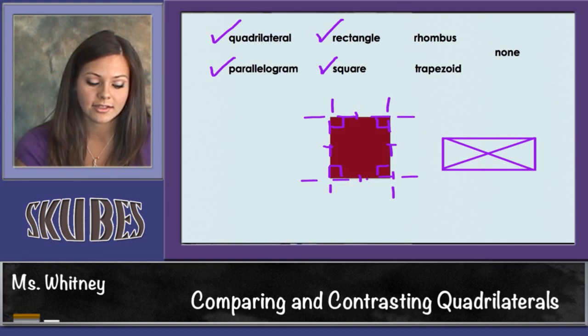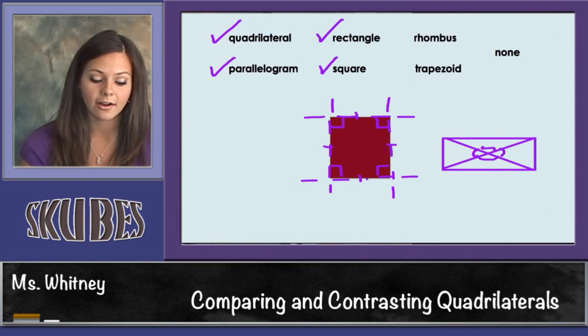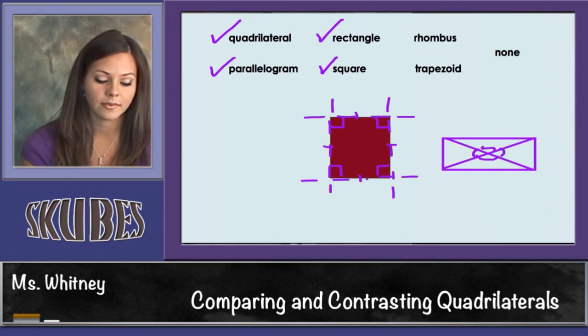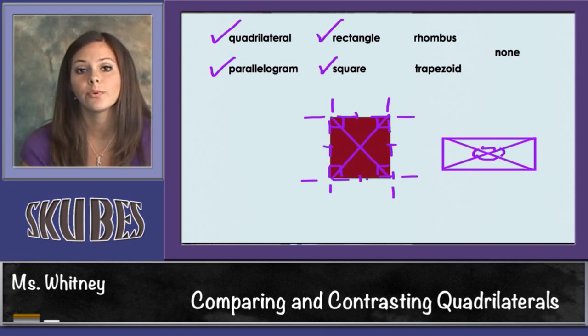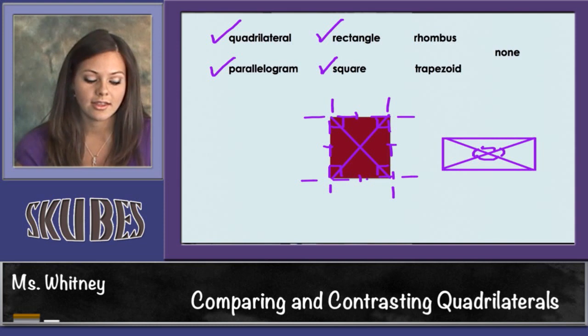You can see that this is an obtuse angle, and we have acute angles, another obtuse angle, an acute angle. When we look at a square and we draw our diagonals, the intersecting lines form right angles.